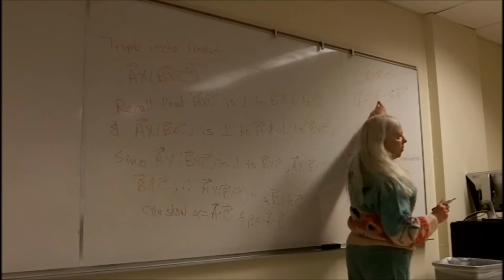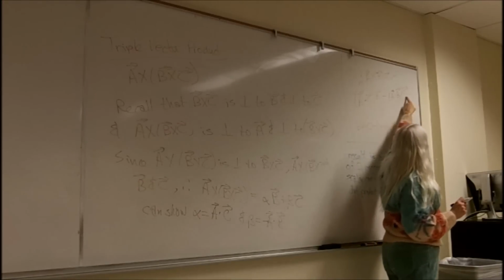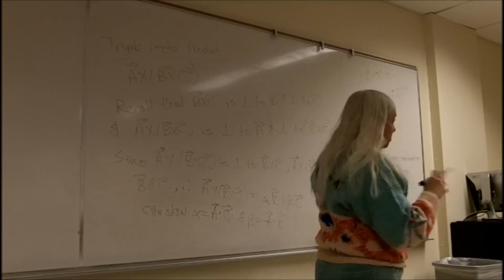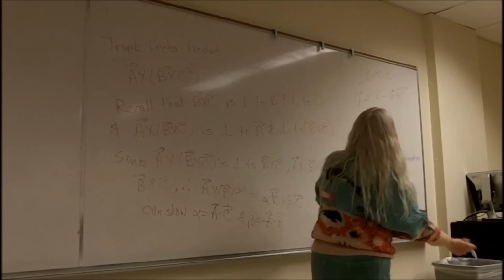So the term that has the B in it, the coefficient of the B is A dot C. The term of the C has an A dot B as a coefficient. And so there are two such terms, one for each of the two vectors in parentheses originally.